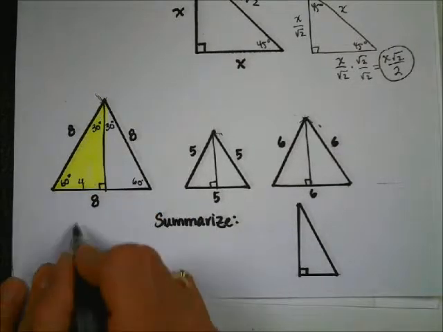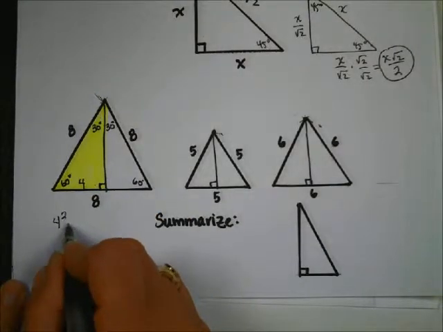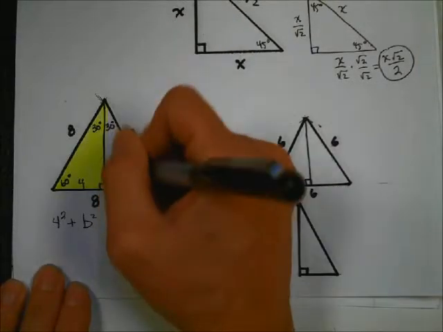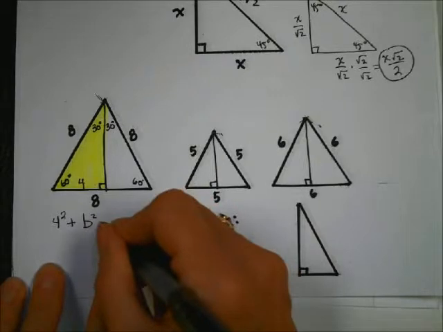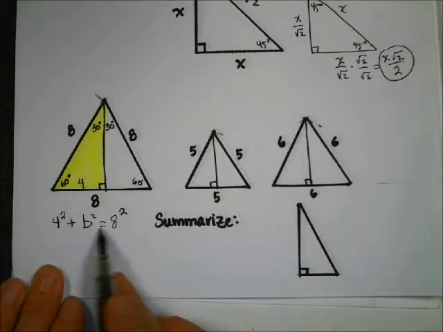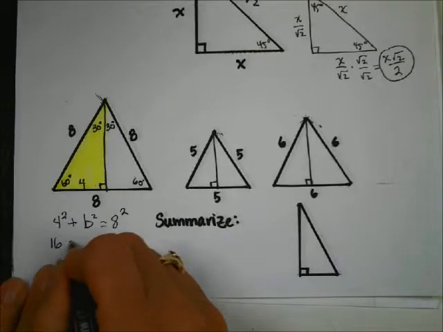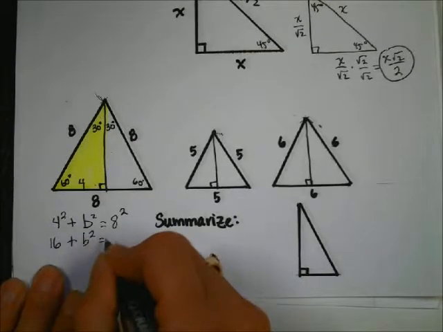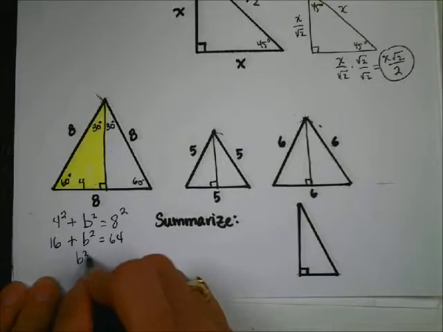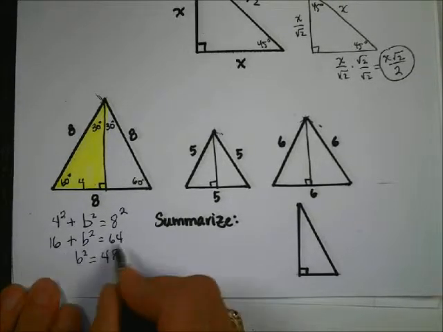So we know that 4 squared plus b squared, this long side here being b, equals 8 squared. Leg squared plus leg squared equals hypotenuse squared. 16 plus b squared equals 64. B squared equals 48 when we subtract 16 from both sides.